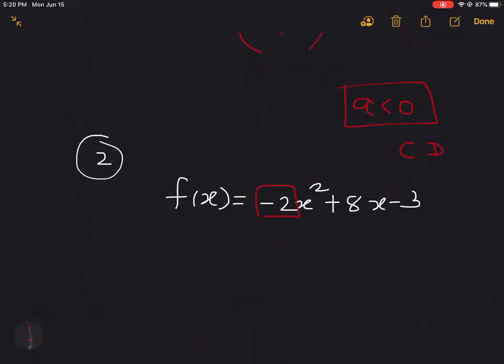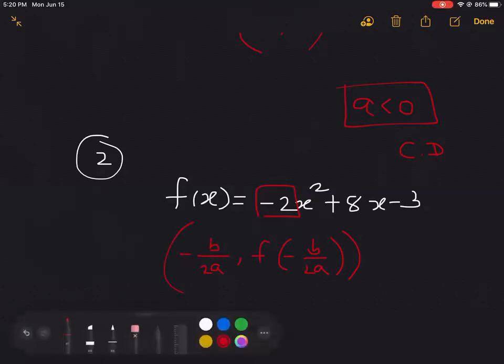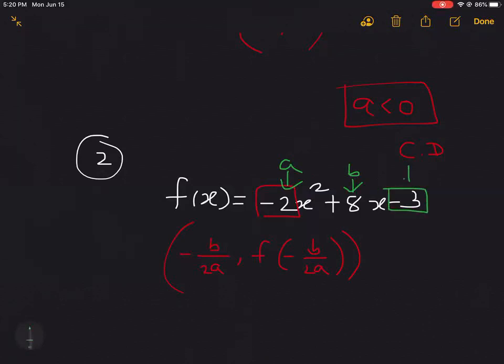Now, what about the vertex? We know the vertex is negative b over 2a and the functional value at that point. We know the formula, so let's just compare this. This is our a, this is b, and this is our c. So if we plug in the values, this is h comma f of h.